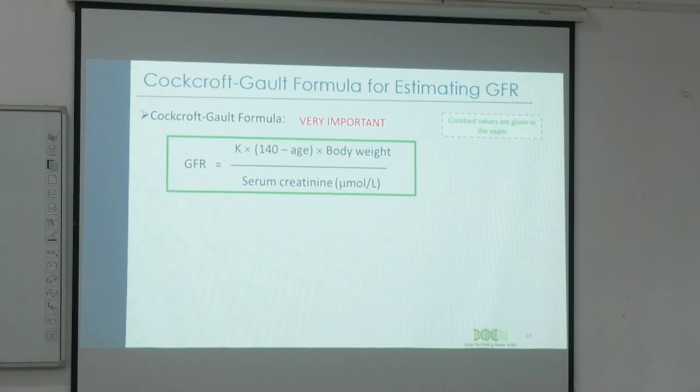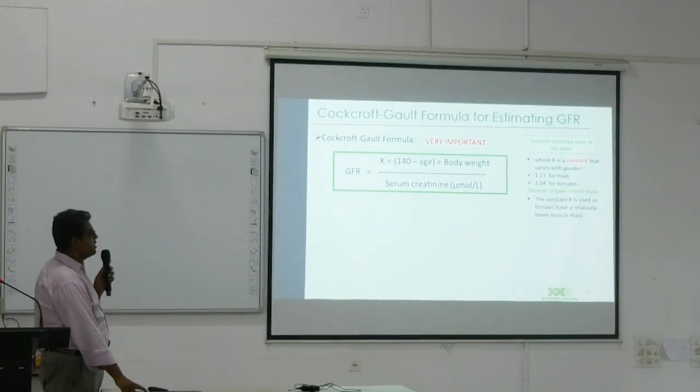Usually, in your charts, it is often asked to the students to use the Cockcroft formula or use the MDRD equation to calculate the GFR and state in which stage of disease the patient is present. It is asked during your university examinations. K is 1.23 in males and 1.04 in females. Okay?